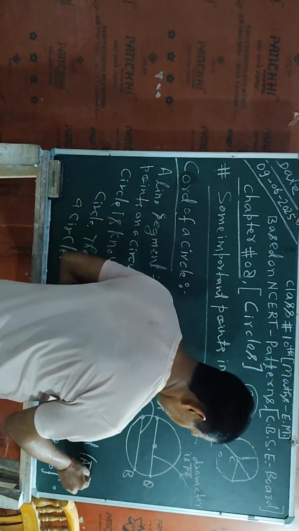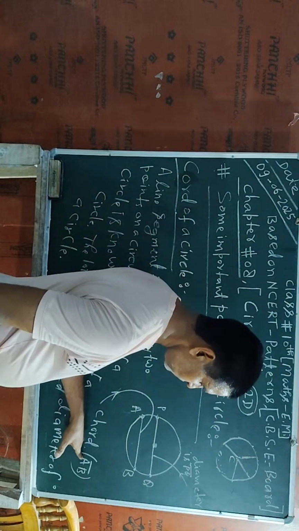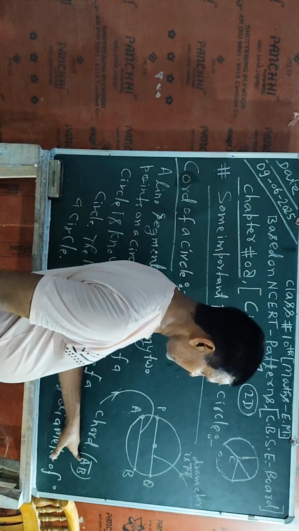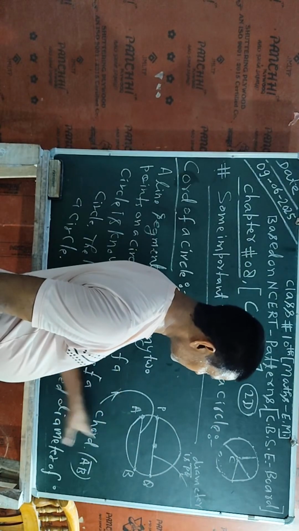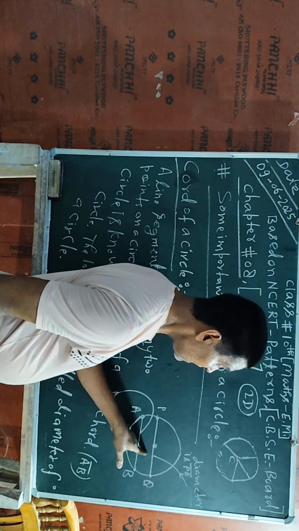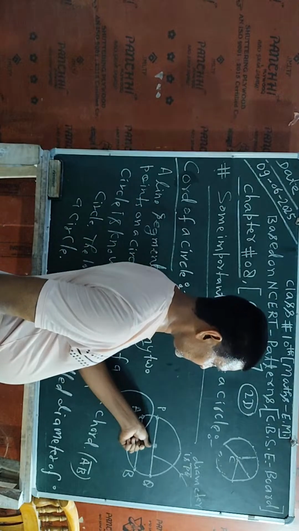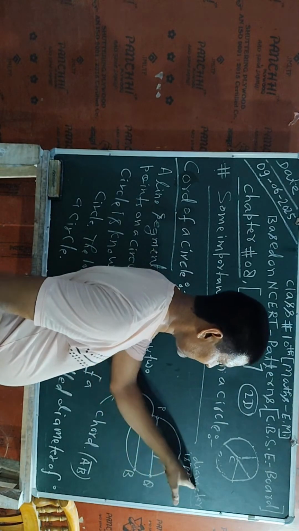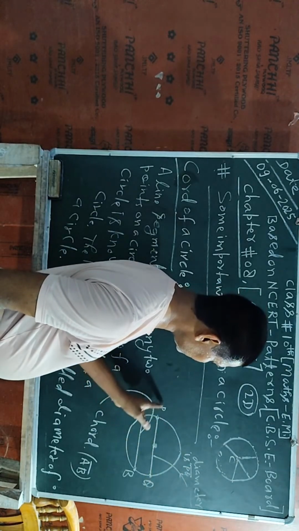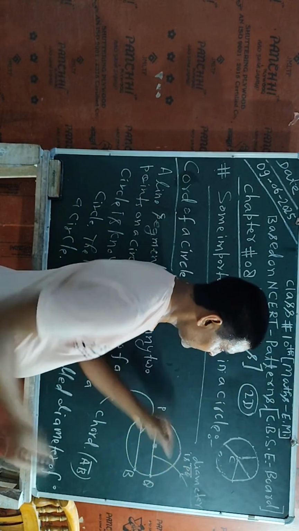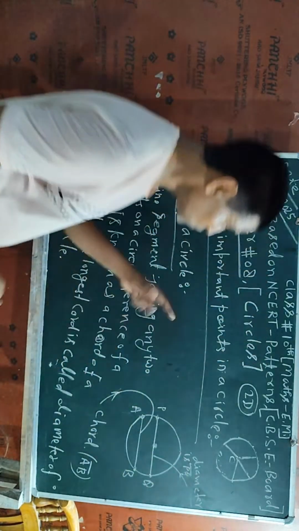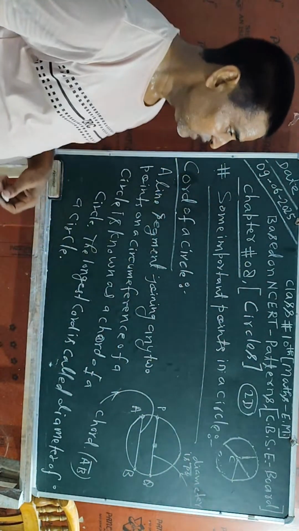AB is the smallest segment, so that smallest segment in the circle I will call a chord, but this is the longest segment, and it is passing through the center of the circle. So that length I will say is the diameter, and the diameter can be written as PQ.